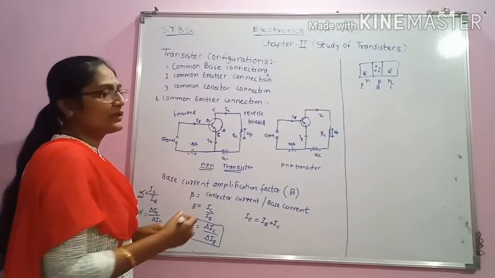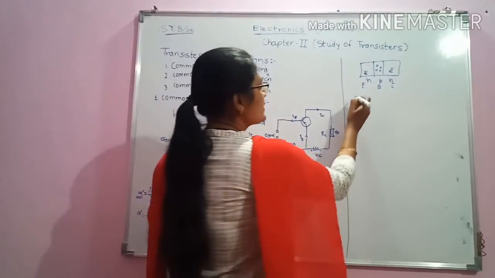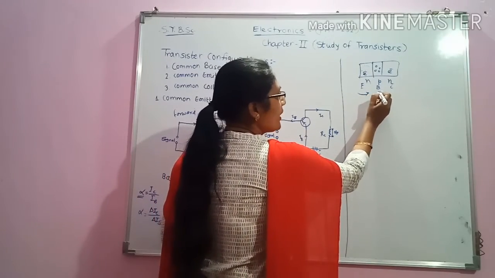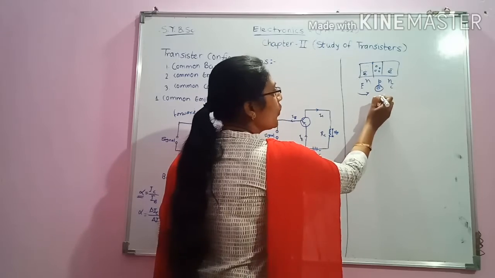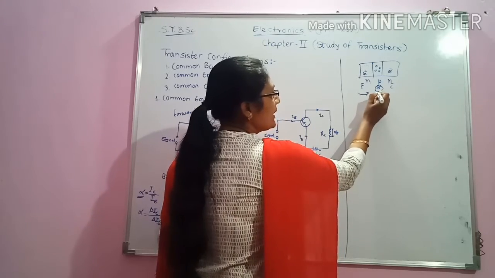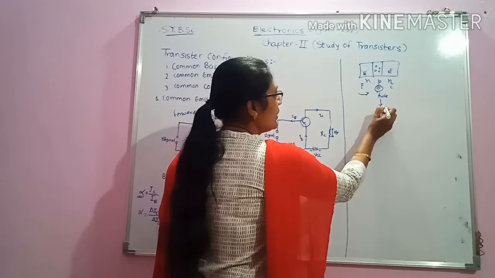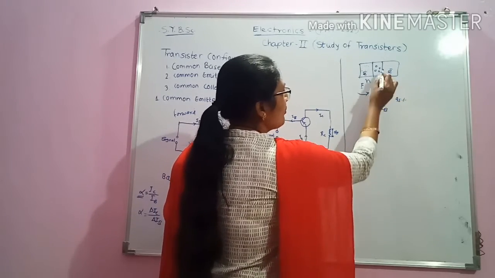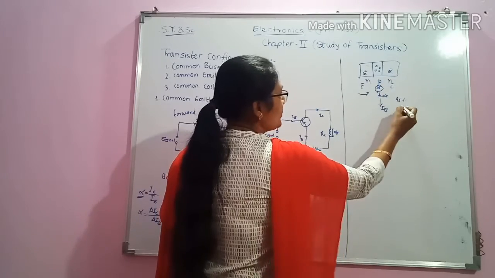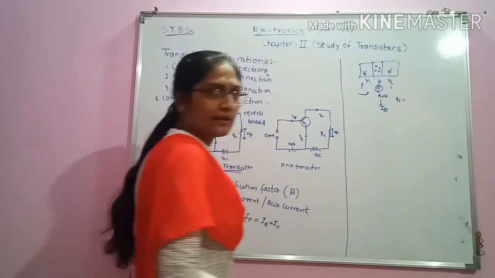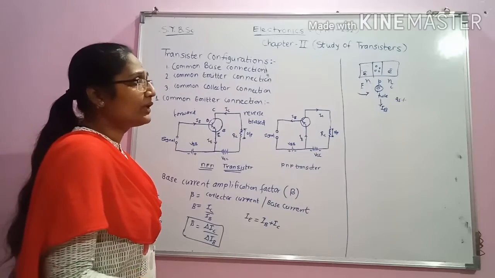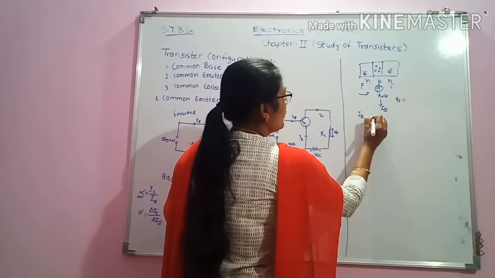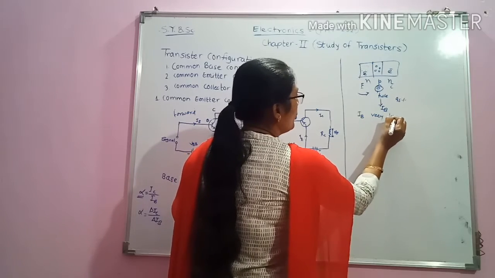The current will start to flow, and the electrons will recombine with holes present in the base and form the base current, and the remaining 95% of the electrons are transmitted to the collector.